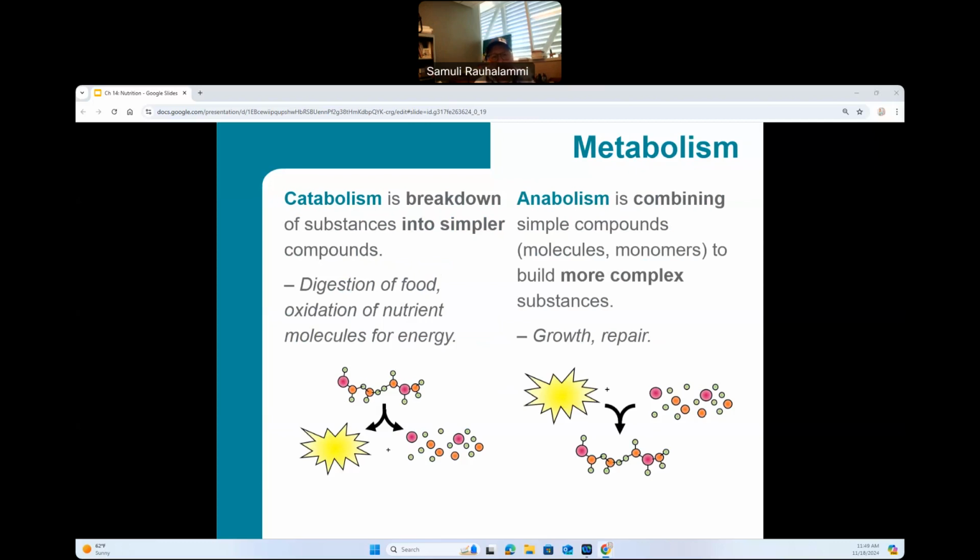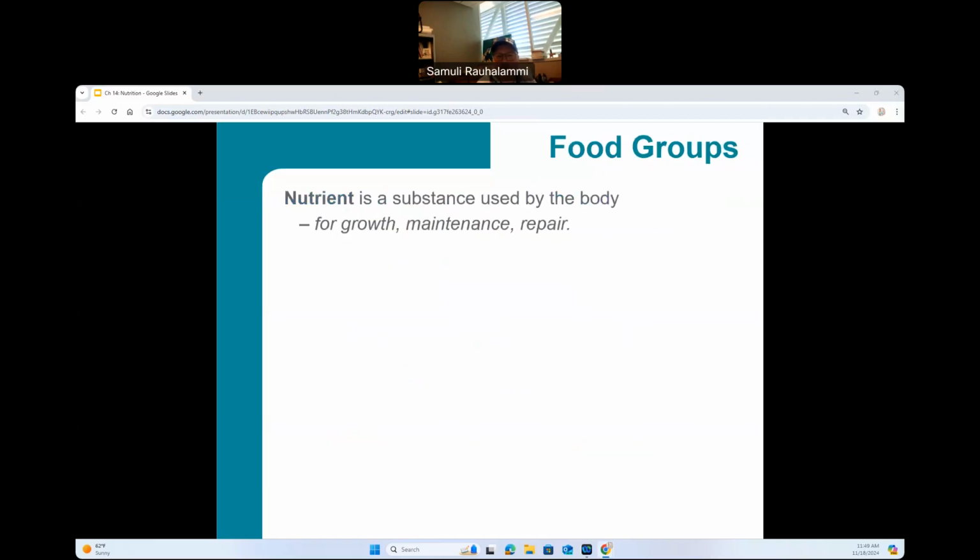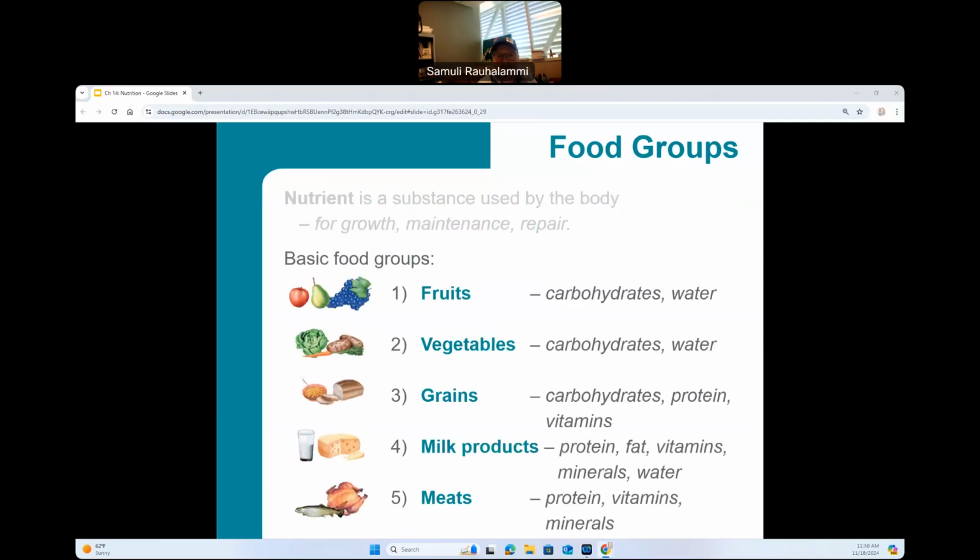Okay, next thing that I wanted to talk about relates to the fact that our body relies on nutrients as a source of materials for many functions like growth, maintenance, and repair. Let's look at major food groups, and there are really going to be 5 that I want to highlight in this context. I wanted to talk about the fruits.